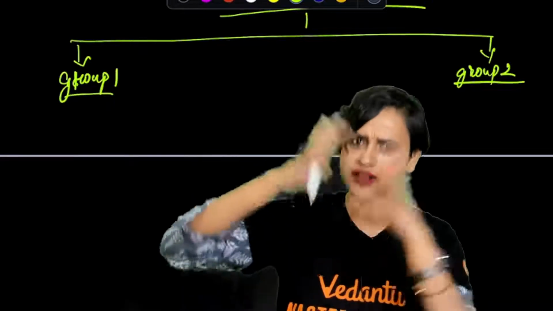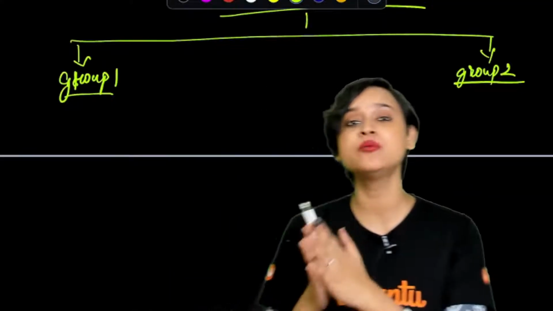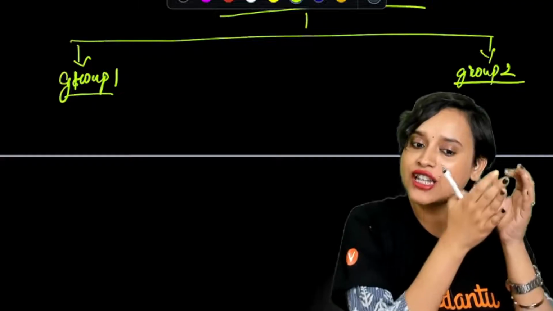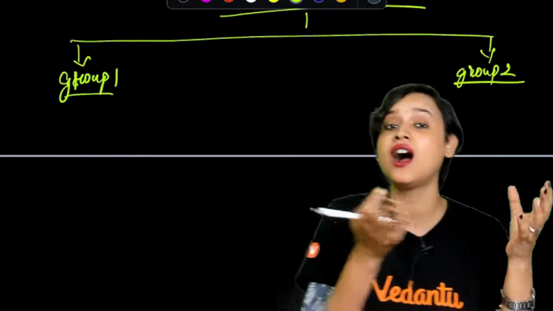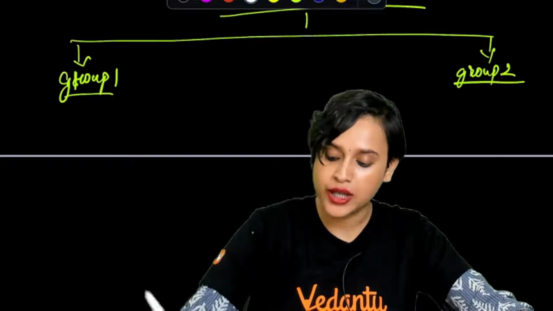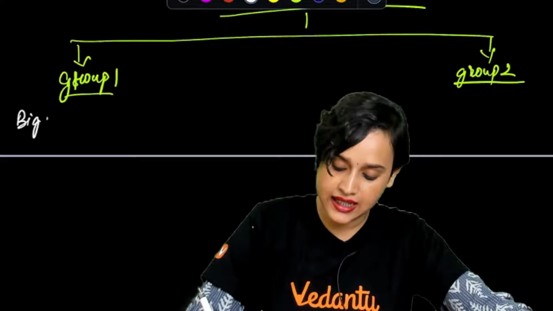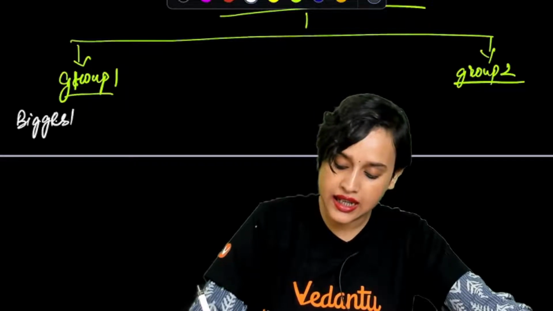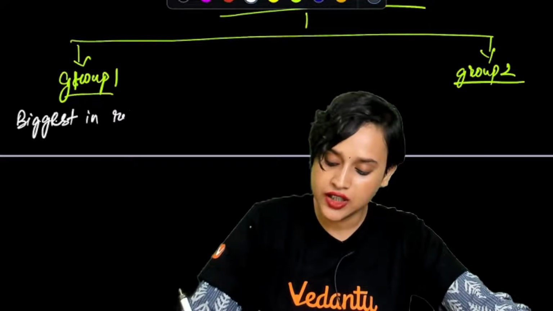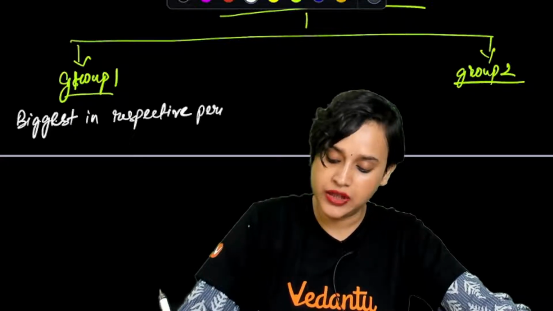The noble gases are really huge in size, but apart from the noble gases, the group 1 elements are much bigger in size. What do we write? We write that they are biggest in respective period.